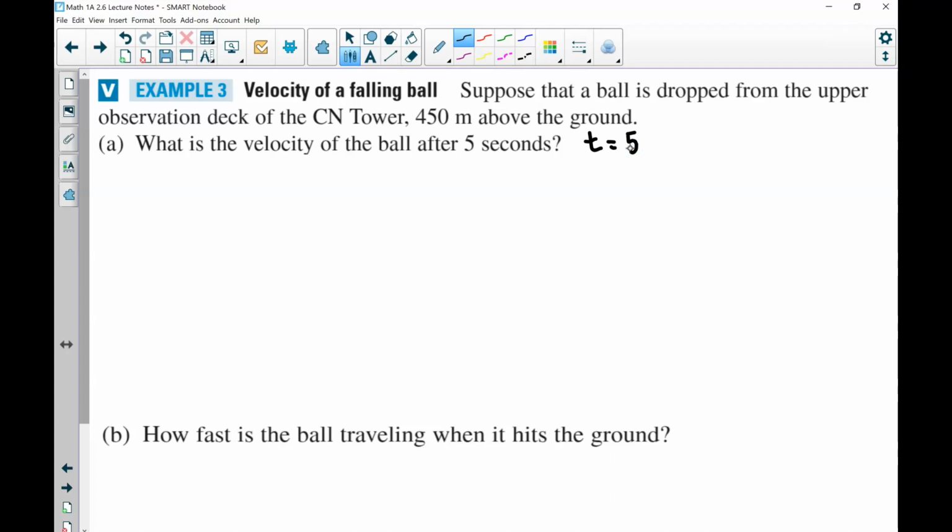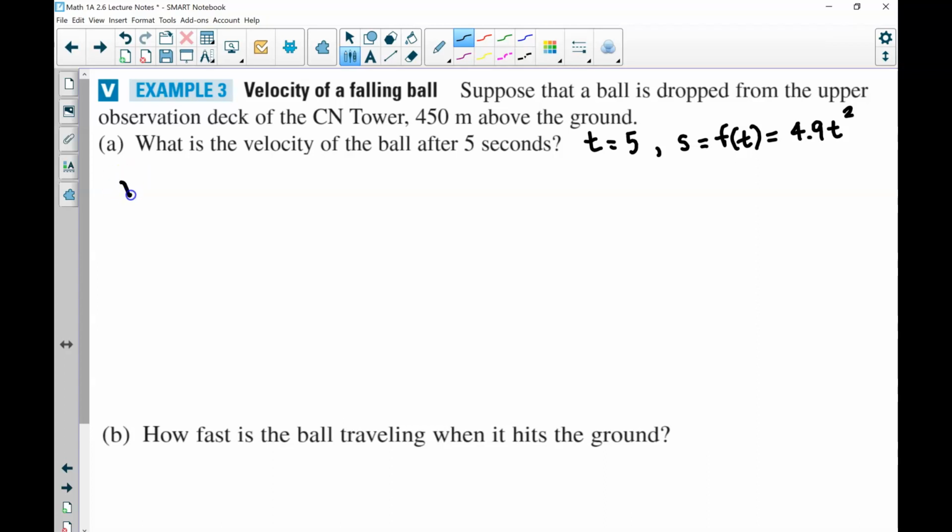And then we also need to know the equation of the motion. Well, what is the equation of the motion? The equation of the motion is s, which is equal to a function of time, and that function of time is going to equal 4.9 t squared. So those two things are given. Okay, so now we're going to take a look at the velocity.